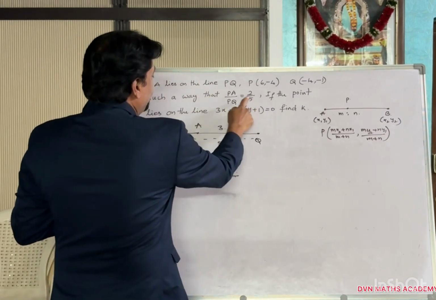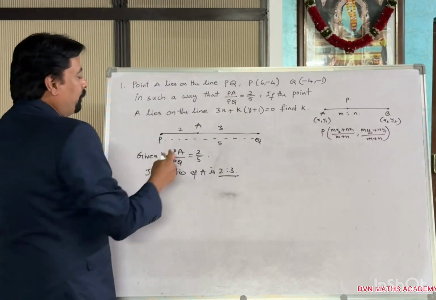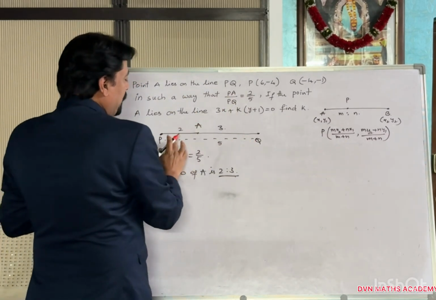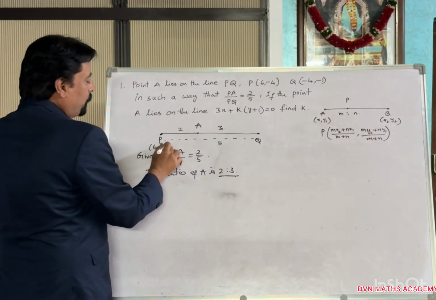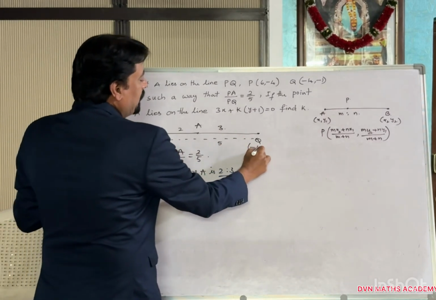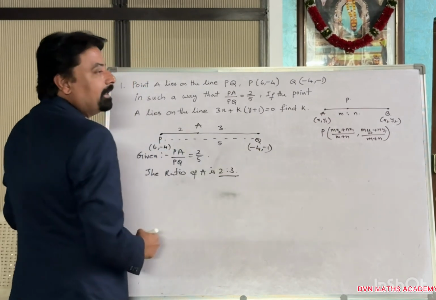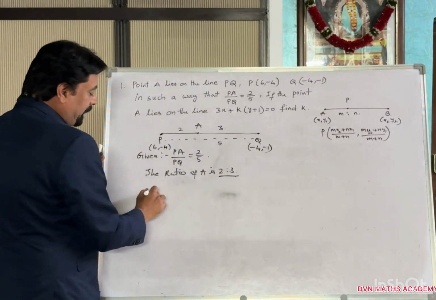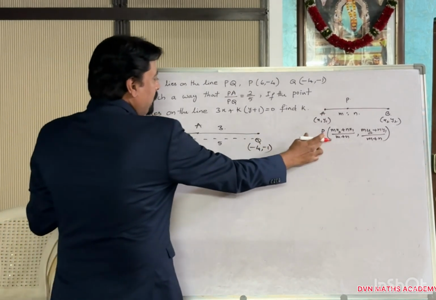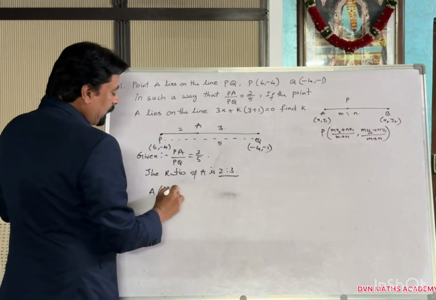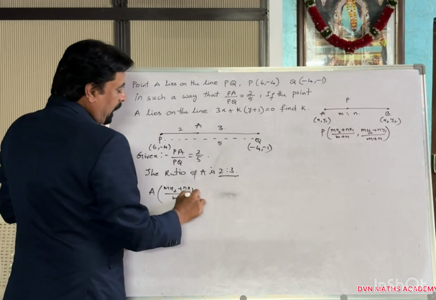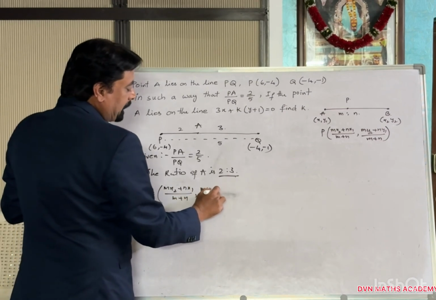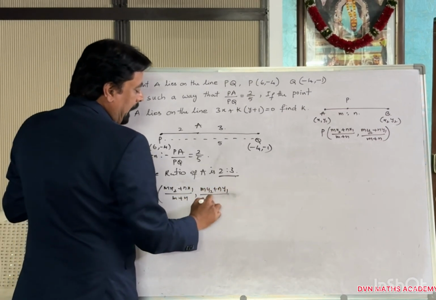First, we need to find the coordinates of A. A divides PQ in the ratio 2:3, and P is given as (6, -4) and Q is given as (-4, -1). According to our section formula, the coordinates of A are (m x2 plus n x1) by (m plus n), comma, (m y2 plus n y1) by (m plus n).